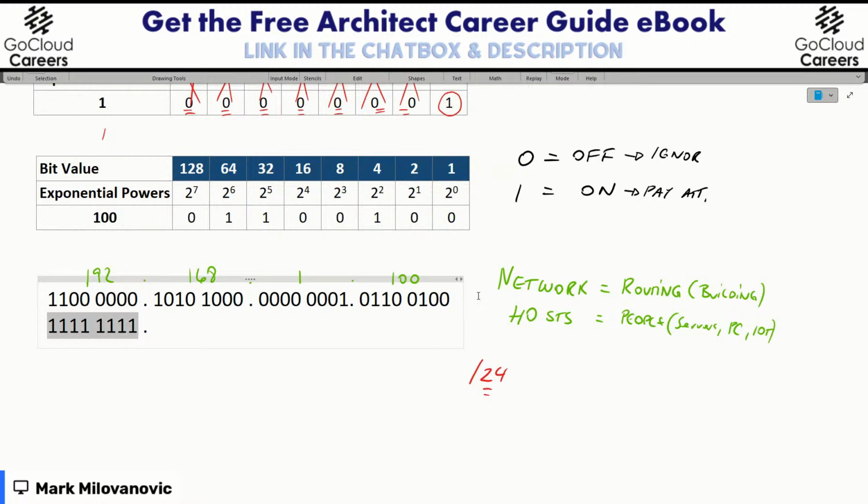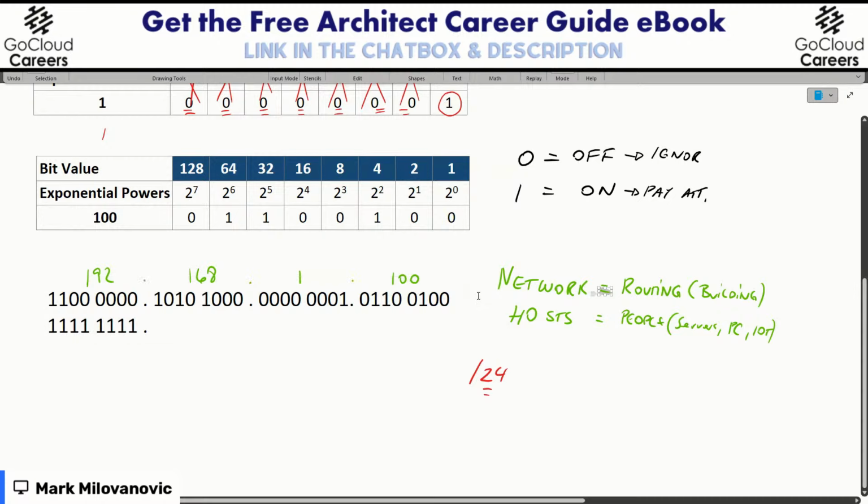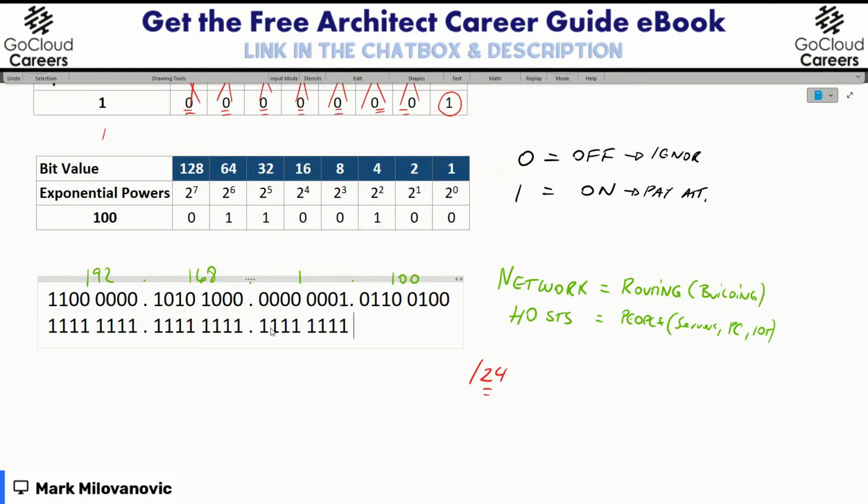I'm just going to copy this. If my math is correct, these are 8 ones, another 8, which gives me 16, and then 17, 18, 19, 20, 21, 22, 23, 24. And then the rest is going to be zeros.